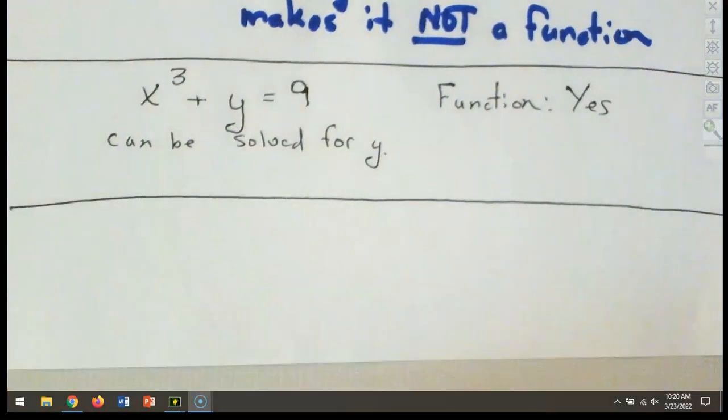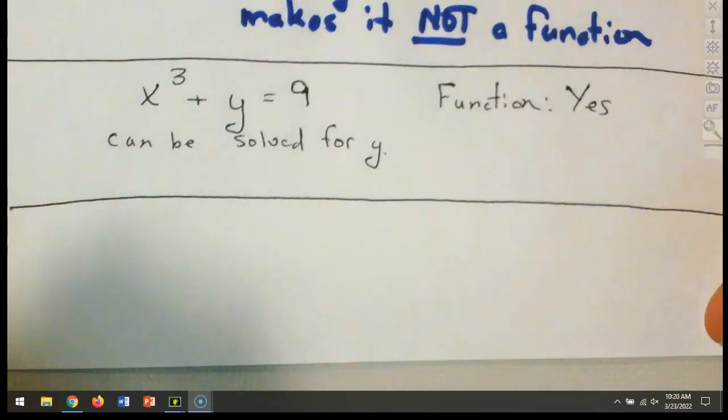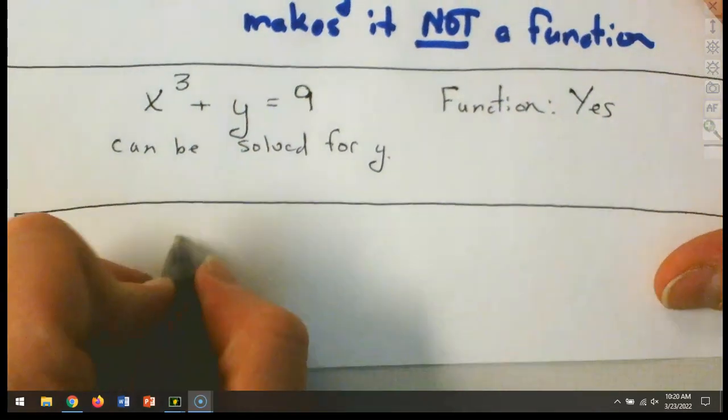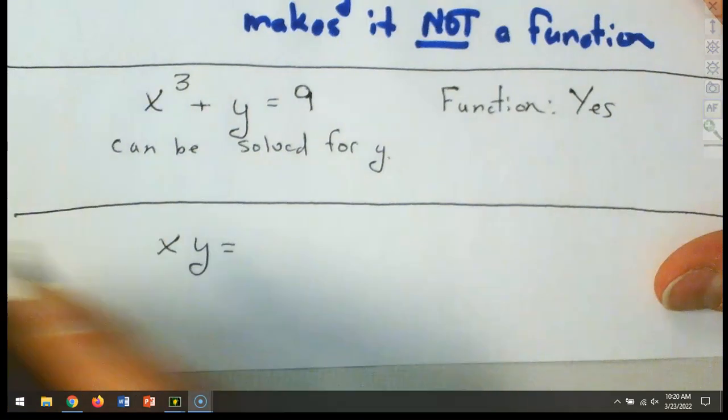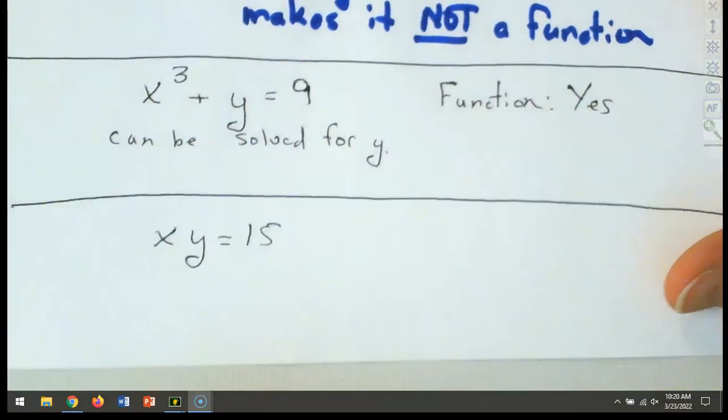Let's do one more. Actually, we'll do two, just to make sure we understand the concepts here. This one. Function or not a function, do you think? Can we solve it for y?